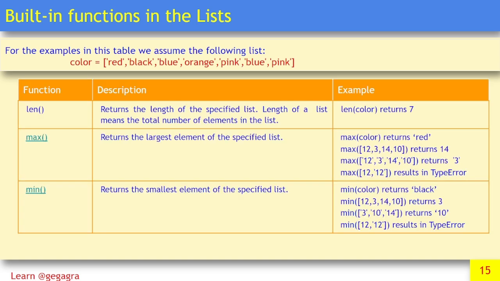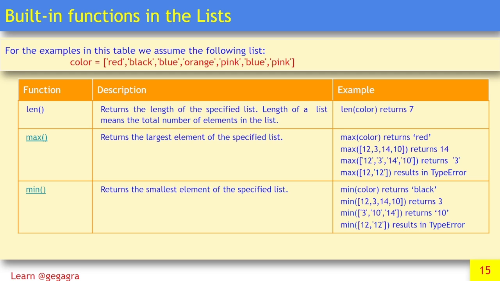The first function which I am going to tell you about is len. len means the length of the list. It means how many elements this list contains. If you notice, the color list has 7 strings, so the number of elements in this list is 7, and that is why it will display 7 if you apply the function len on color.